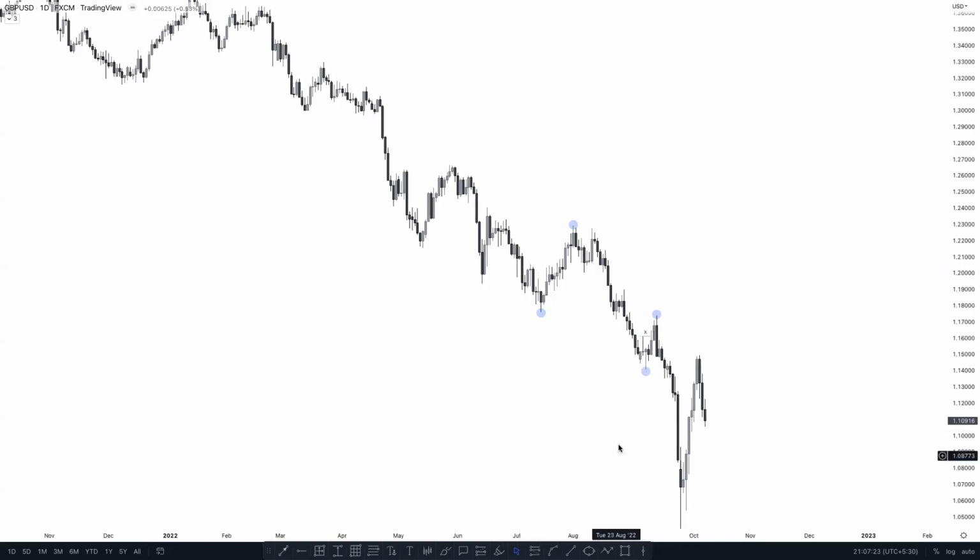The same thing happens here. Market took out this inducement, confirmed this lower low, right? And this process continues here: lower low, lower high, and these are all breaks of structure.